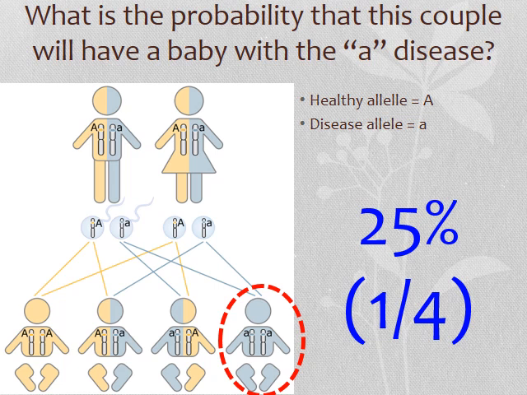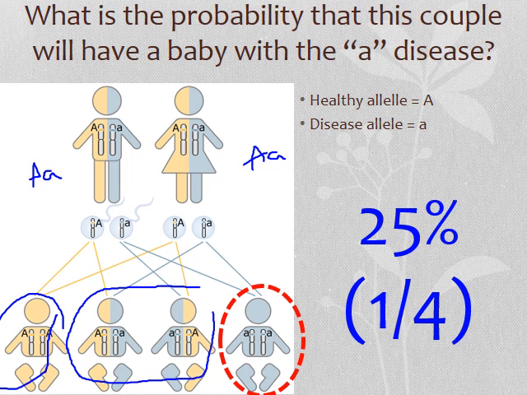Considering that the mother and the father are both carriers for this, they're both heterozygous, if we did a Punnett square, you would notice that we would have a 25% chance of it being big A, big A, a 50% chance of it being big A, little a, or carriers, and a 25% chance that the offspring would have the disease.